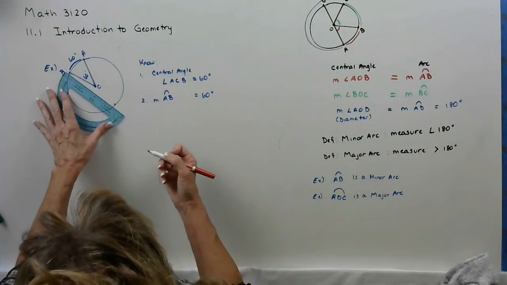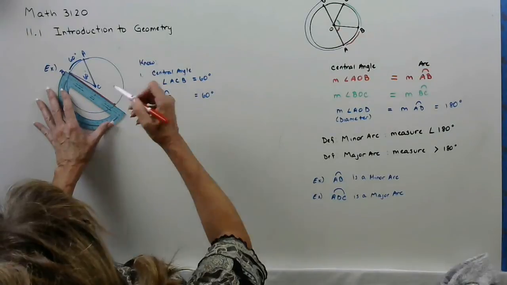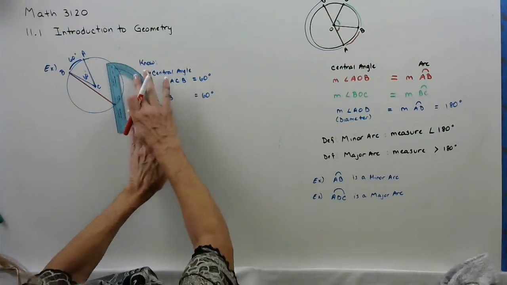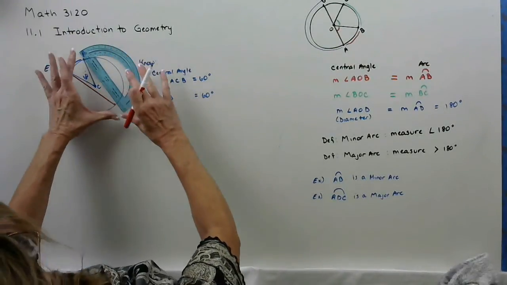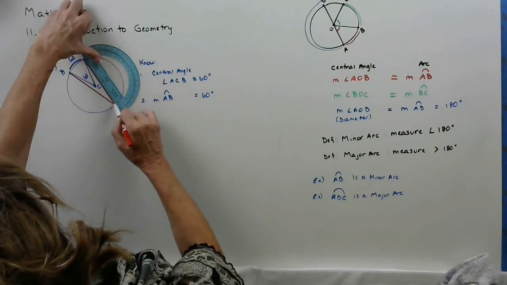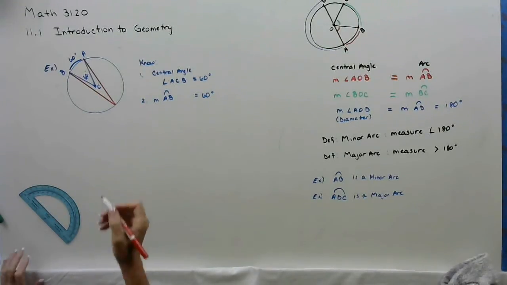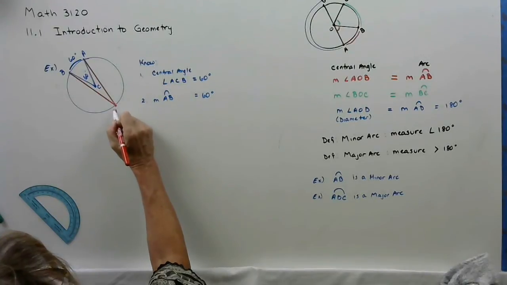Let's go from B to that new vertex over here to A. And I'm going to call that point D.